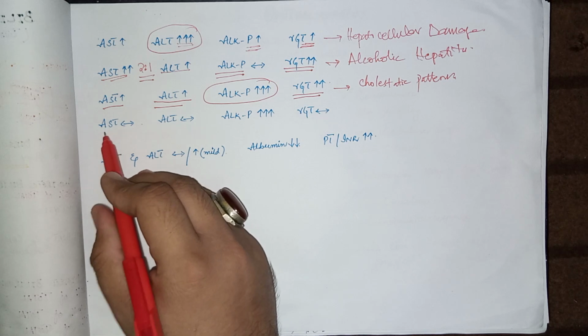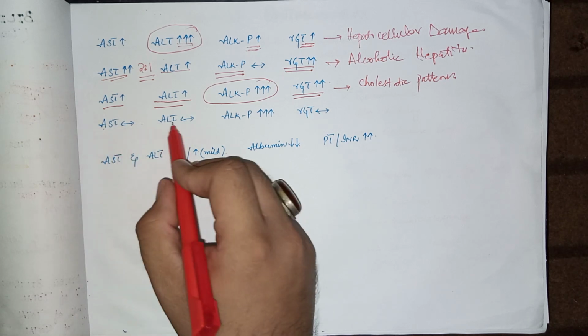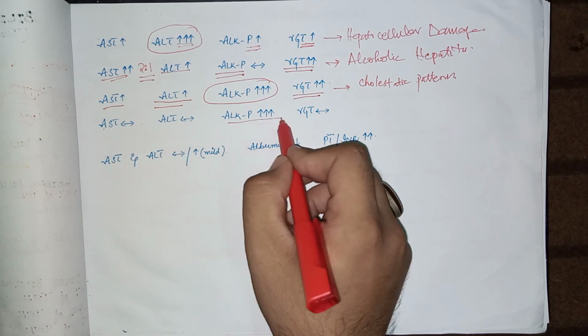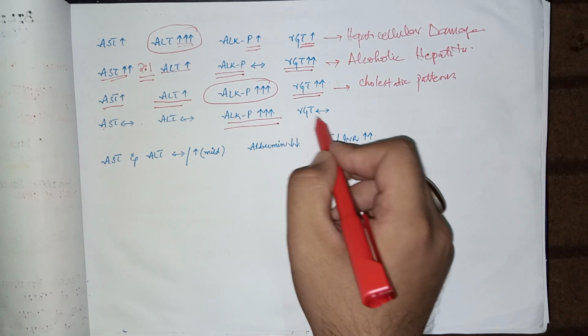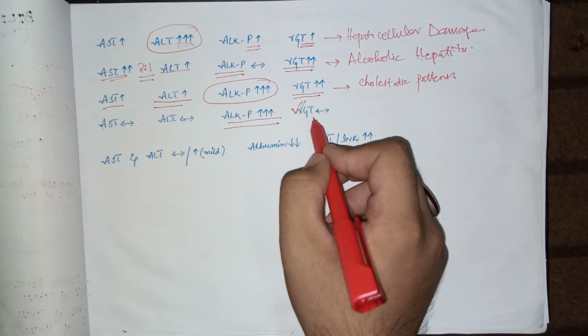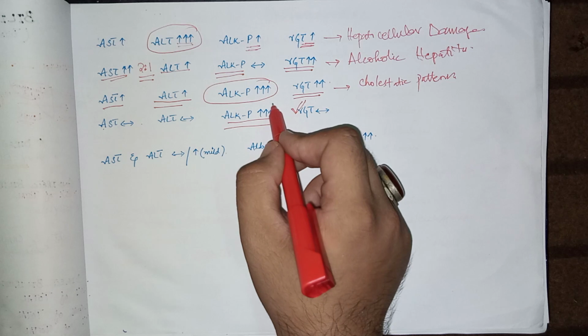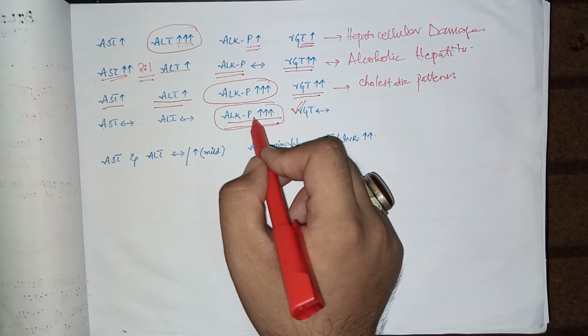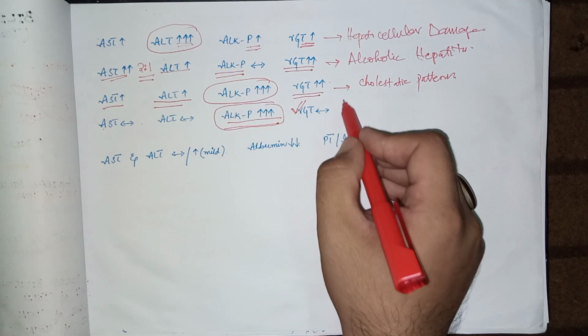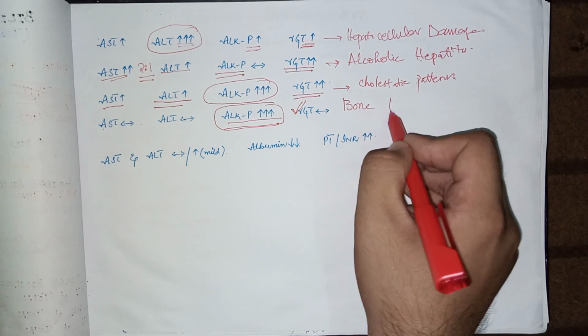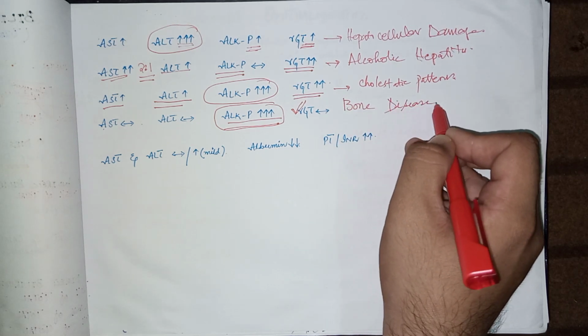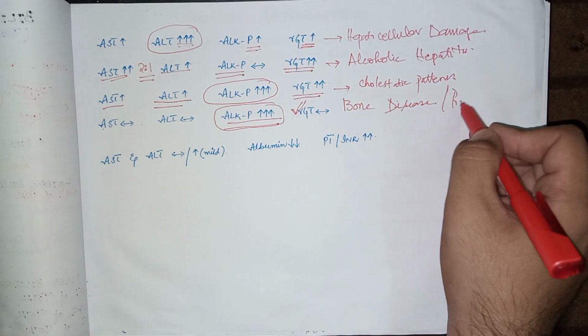But in this case, if AST levels are normal, ALT levels are normal, alkaline phosphatase is markedly elevated and gamma GT is normal, it indicates that this alkaline phosphatase is of non-hepatic origin. There may be bone disease, and also rule out pregnancy.